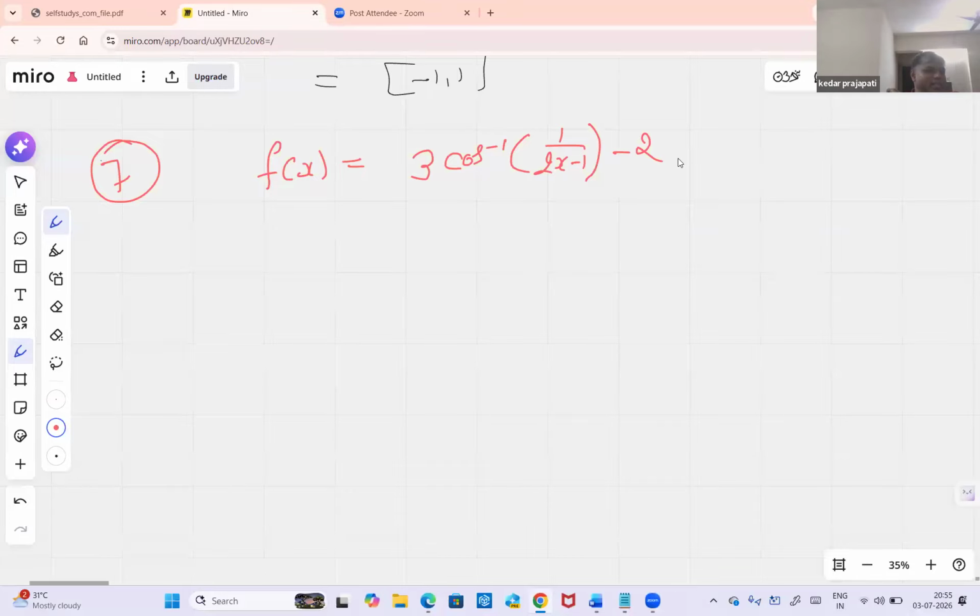Okay. And it is telling to find the range of the function. I'm going to find the range of f of x.